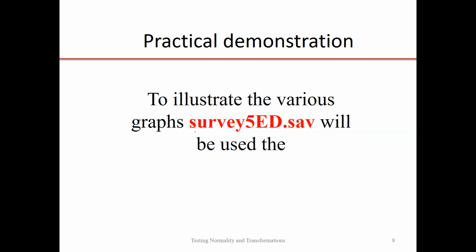So we are using one file that is named survey5vd. This file is already given to you. It's an SPSS data file, and in this data file we have several variables, and we want to check the normality of some of them.